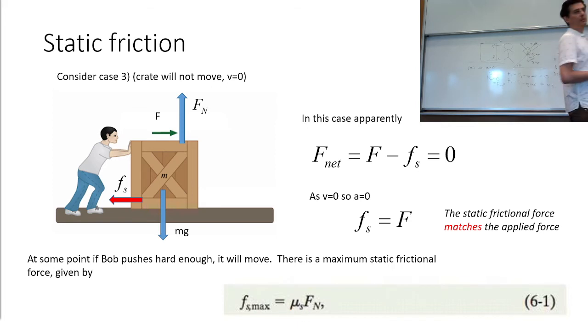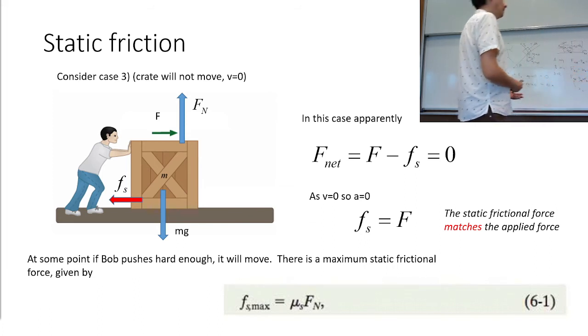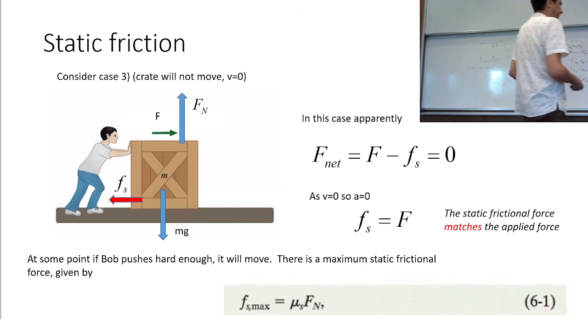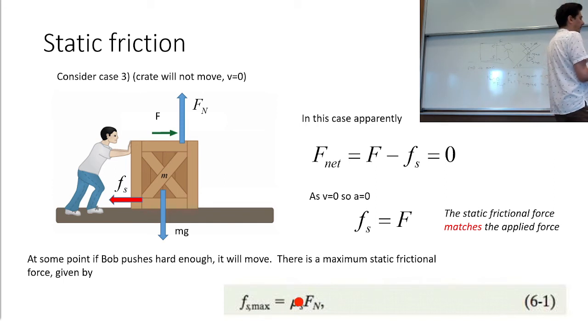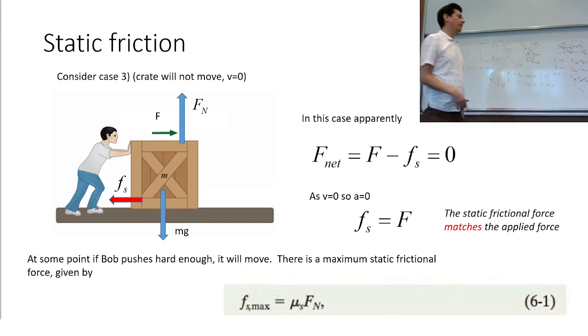This is a number that's just between 0 and 1, and it's the thing that you basically have to go and measure. The product of this coefficient and the normal force gives the friction.